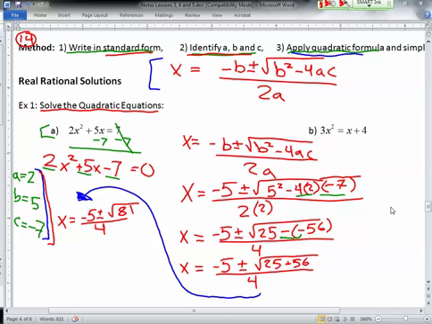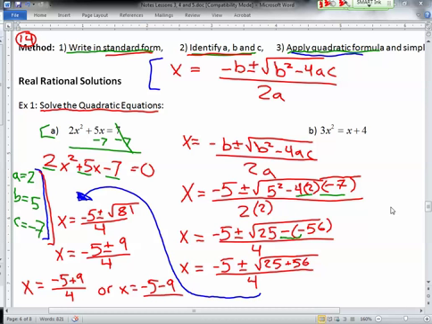And I recognize that 81 is a perfect square, so I can simplify that. X equals -5 plus or minus 9 over 4. And at this point, I break it up into two separate equations. X equals -5 plus 9 over 4, or x equals -5 minus 9 over 4.